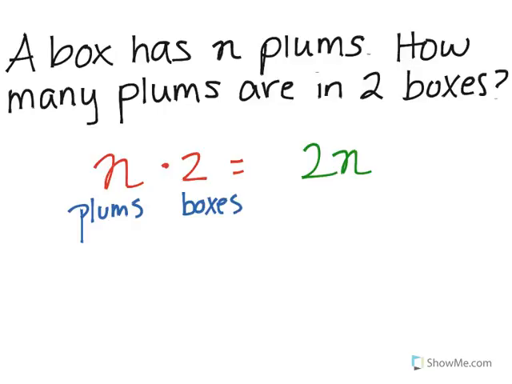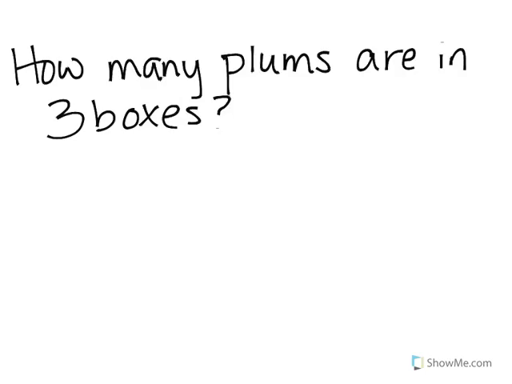And that's how many plums are in 2 boxes. Or we can write it n times 2. Remember how we said that was appropriate as well, although you should get used to writing it this way.